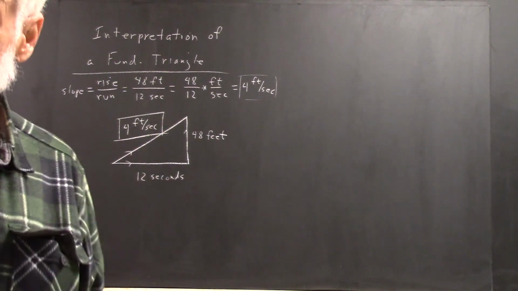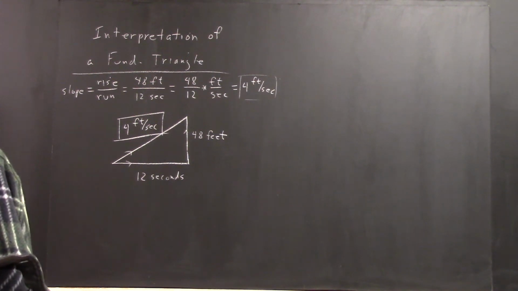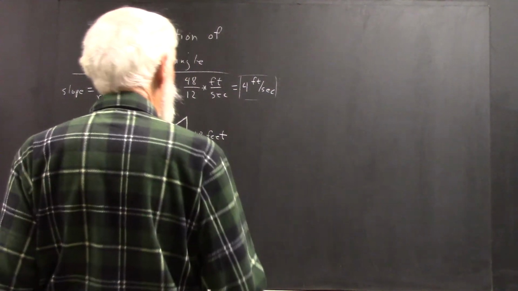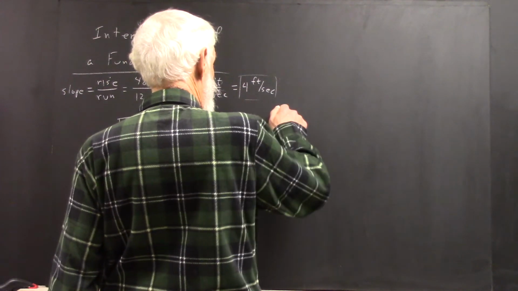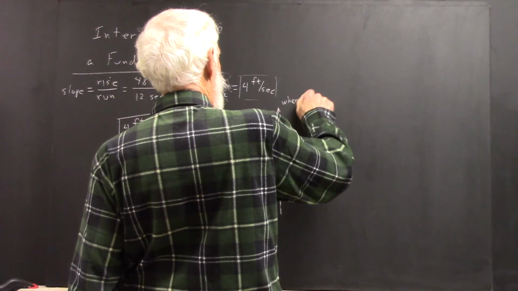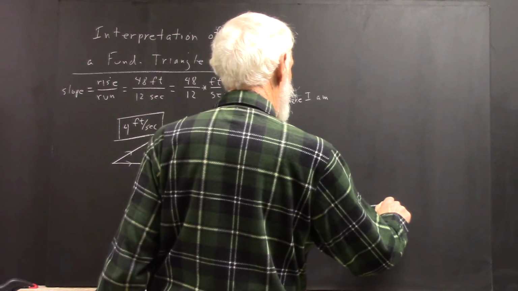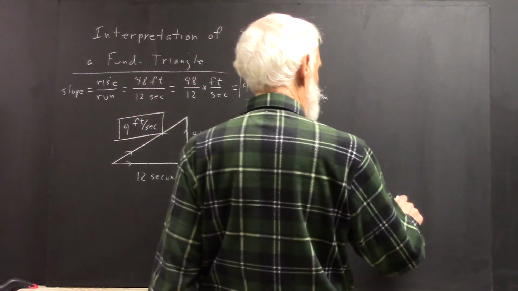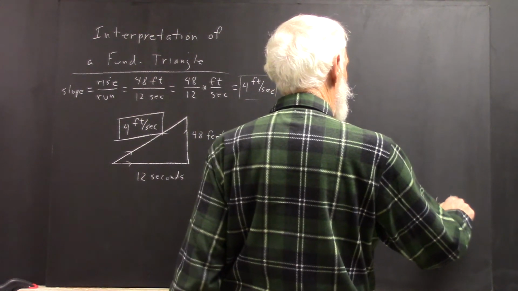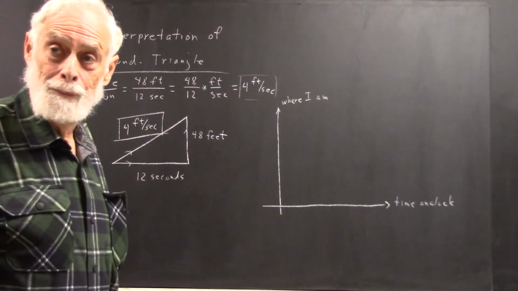Okay, so the triangle tells you something. Now, if you know what the graph is showing you, like if I've got a graph now of where I am versus the time on a clock, and maybe you start the clock when I start moving, right?